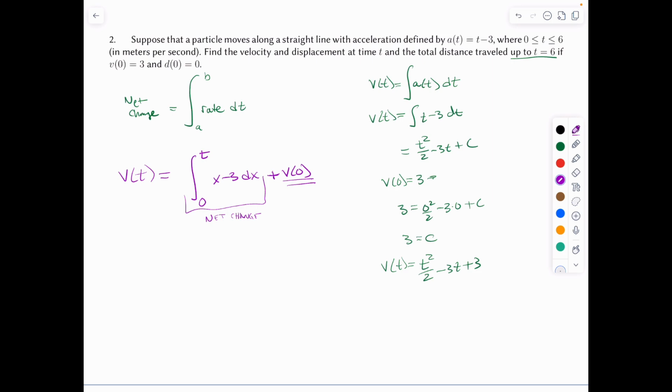Okay, so we'll do this. I'll do it the right way for the position, this distance. So d, we want to know t equals 6, so d of 6 is going to be the integral from 0 to 6 of the velocity plus d of 0.